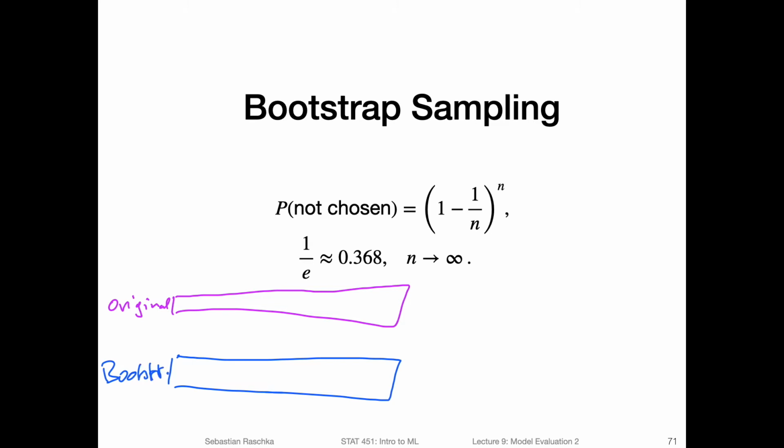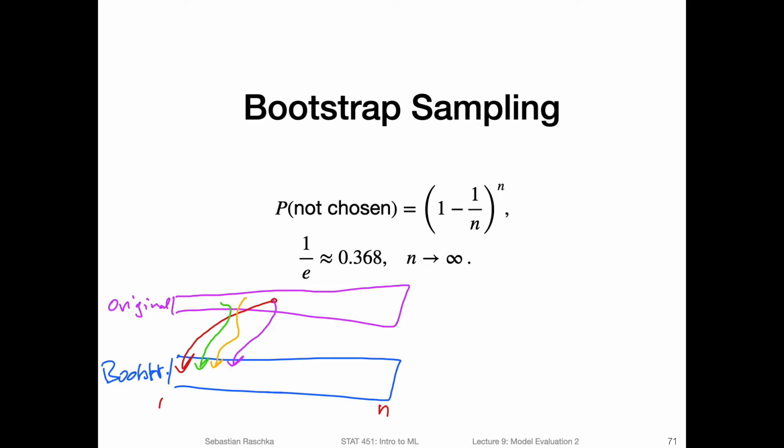What happens is if we do the Bootstrap sampling, we randomly pick a data point for each position 1 to n here. We randomly pick a data point and then put it into our Bootstrap sample until we reach the sample size n. So it could be like this. And it could also happen that we pick the same example multiple times, right? Because it's sampling with replacement.